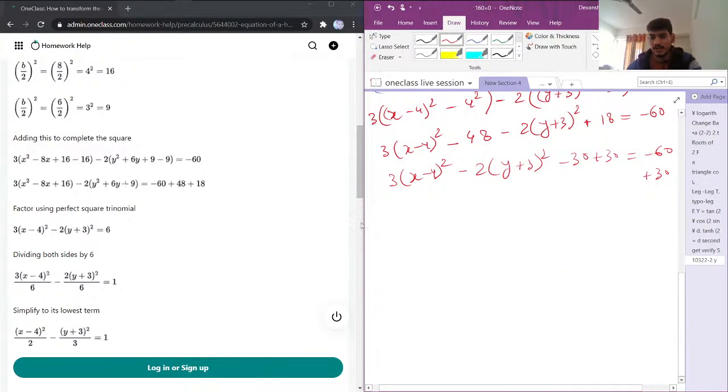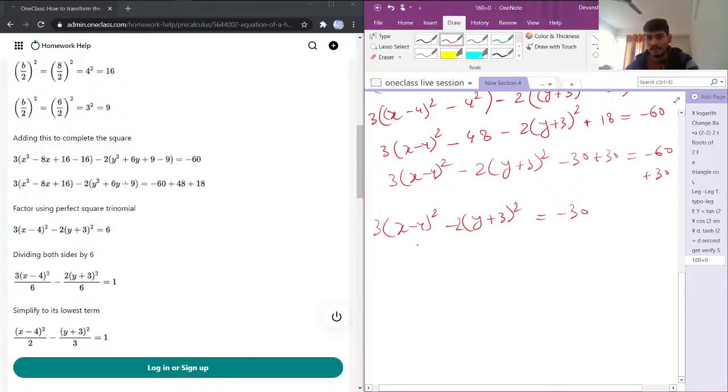Then we get 3 times (x minus 4) square minus 2 times (y plus 3) whole square equals, this will be 0 and this will be minus 30.